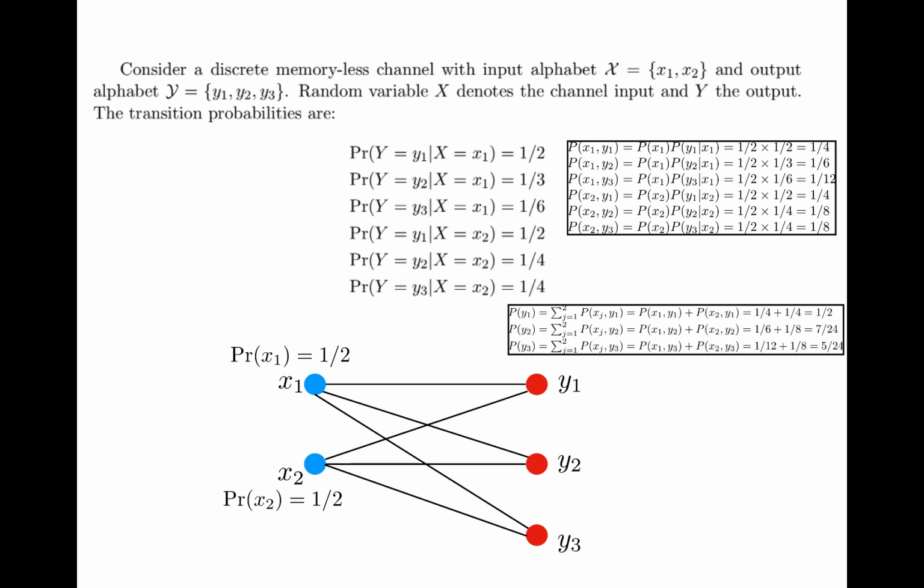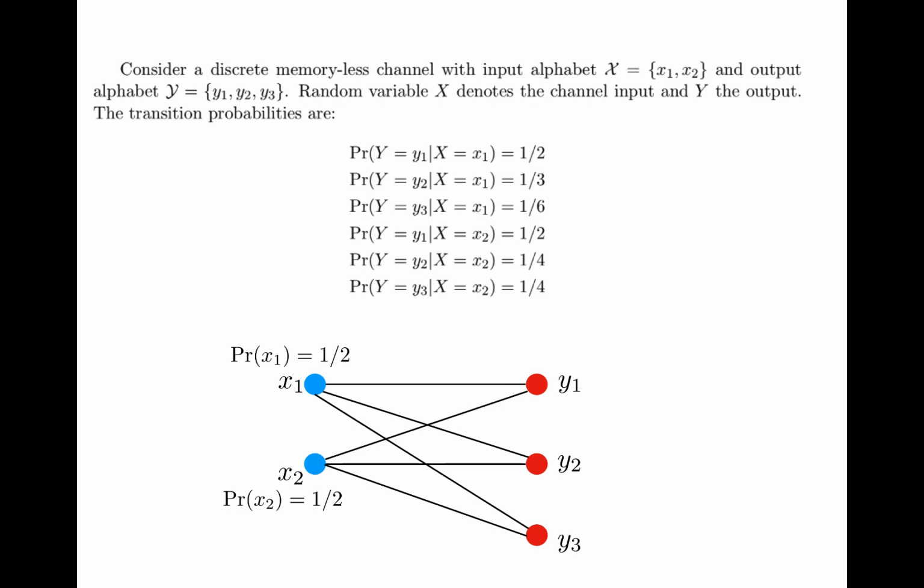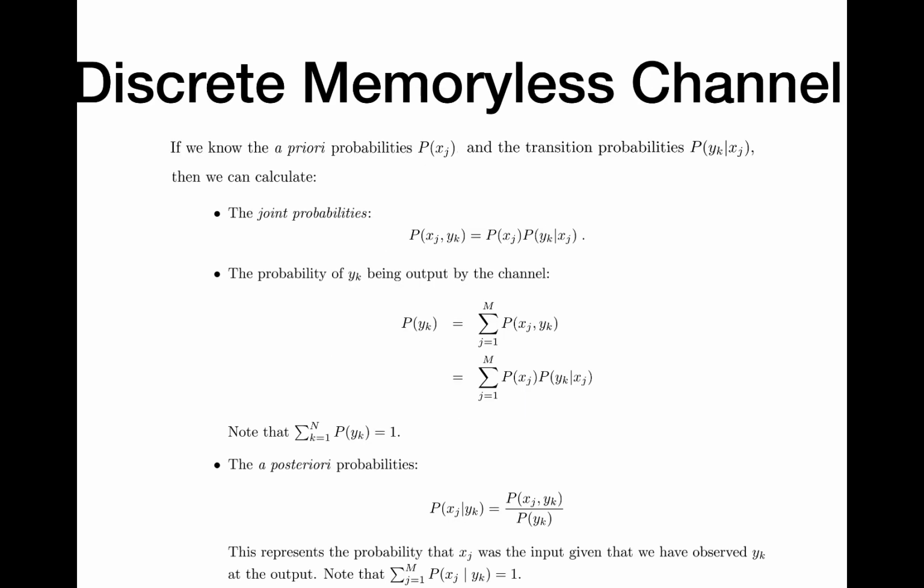Let's say if we had 3 inputs, then we should add probability of x1 y1 plus probability of x2 y1 plus probability of x3 y1 to find the value of probability of y1. So this operation is again the same as the second bullet point in this slide. We are calculating probability of yk for each value of k, and that is actually the sum of all the joint probabilities, keeping yk intact but summing over all values of xj.